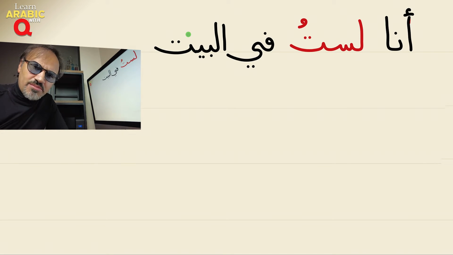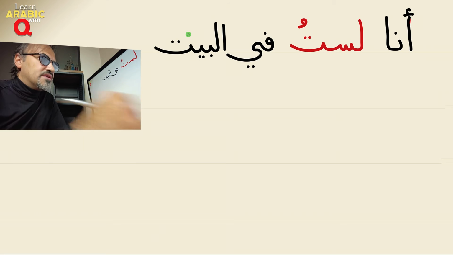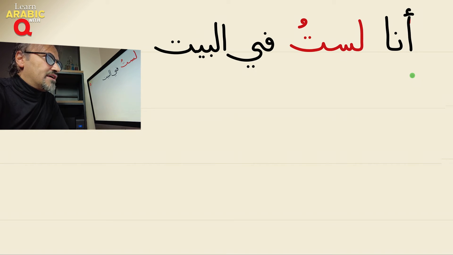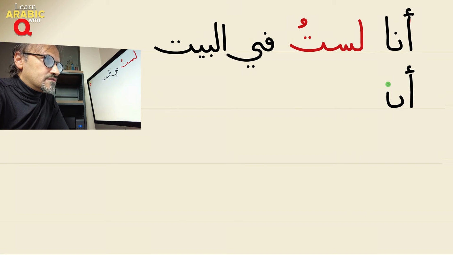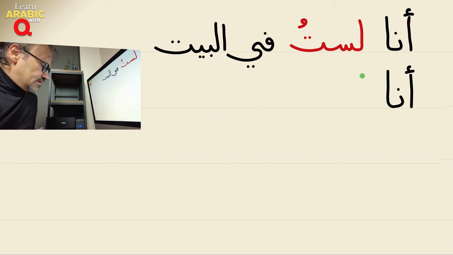Now, we're not just going to talk about where I am. You can negate anything with this. So I can say, I'm not sad. أنا لست حزين. Here's a new word. Let's write that down. أنا لست.